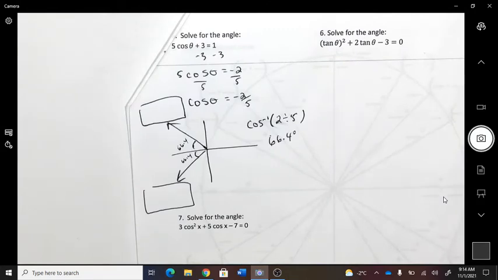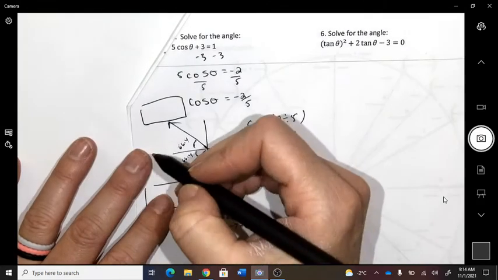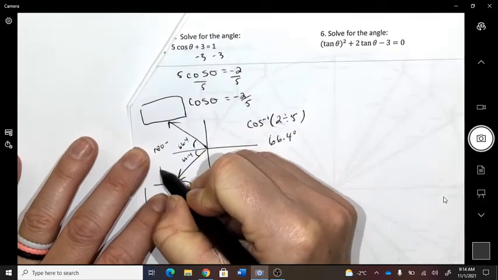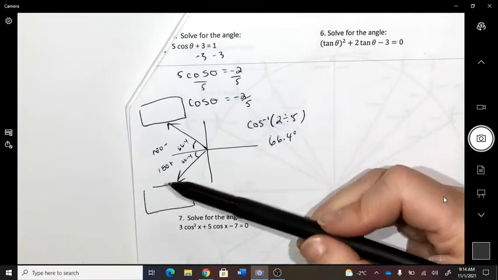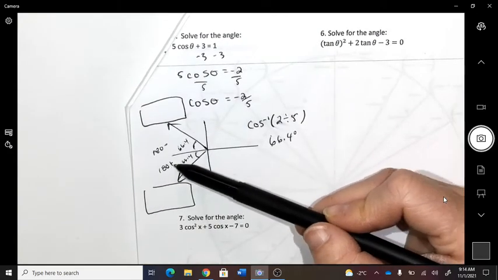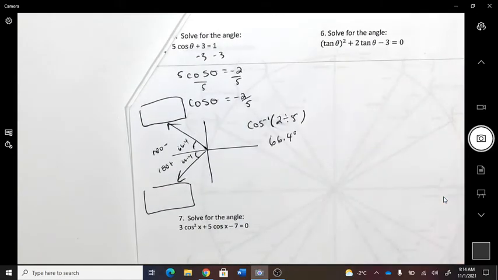Okay, so now you have to find the actual answer. That's the last step. So for me, I'm going to do 180 minus that amount, and here I'm going to do 180 plus that amount.